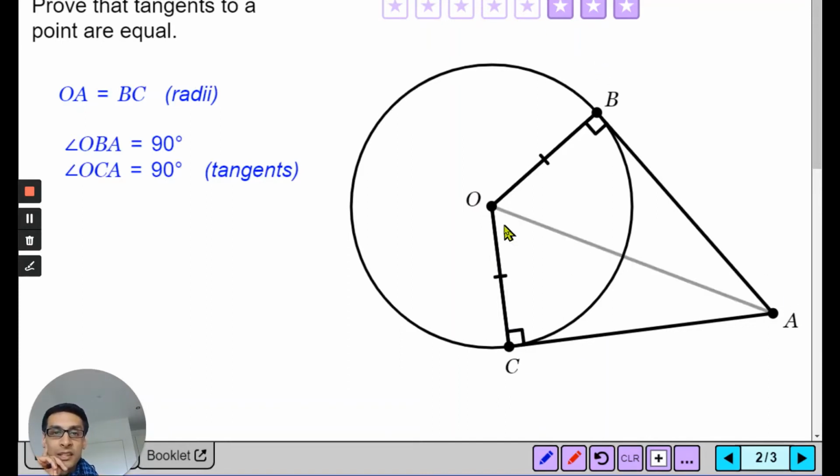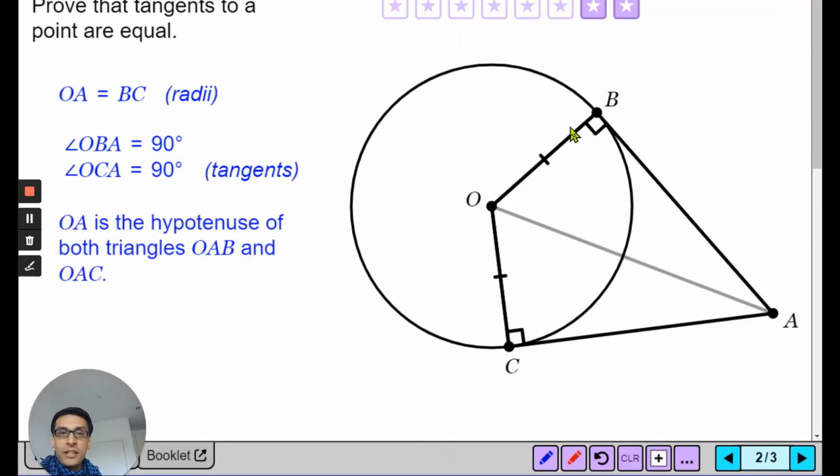Now that means if we draw a line from O to A, we can actually make two triangles, and they happen to be a special type of triangle. They are both right angle triangles, which means we can then use Pythagoras because OA is the hypotenuse of both triangles, and they also happen to match.